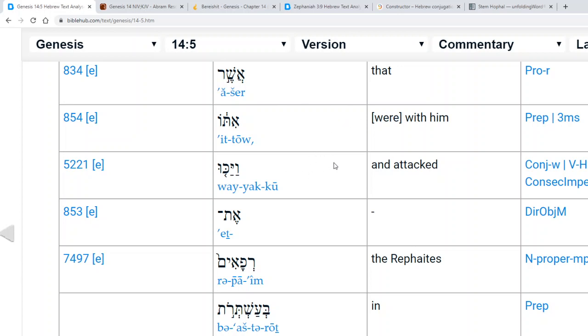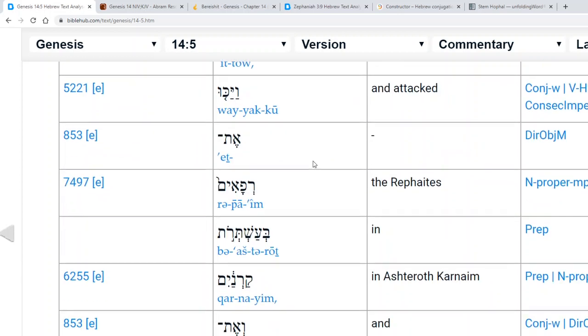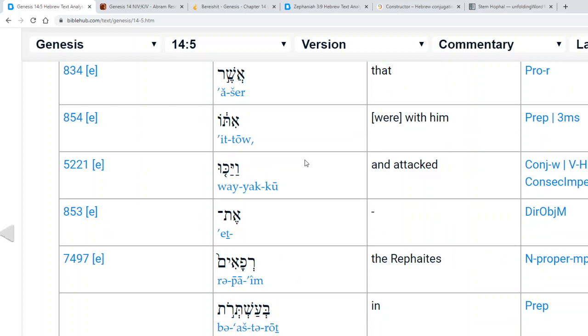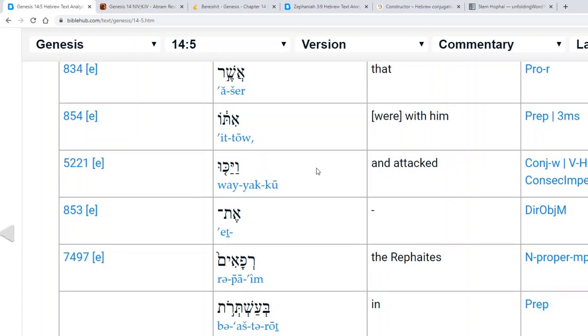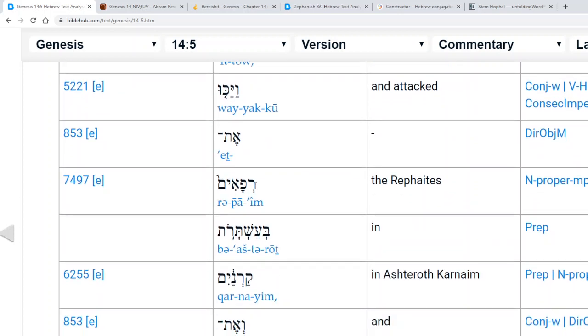They smote. Oftentimes, we'll say that God struck someone, smote someone, but that's what it means. Vayaku, and they attacked. Et is the direct object marker. Rephaim, sorry.